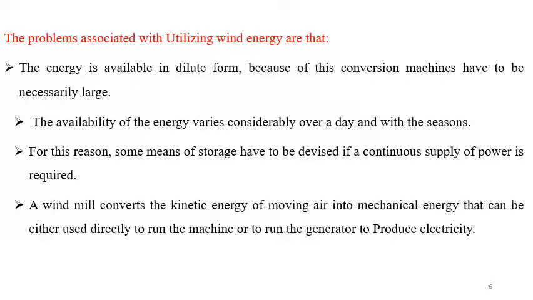The second environmental aspect is noise. The noise produced by wind farms falls into two categories. One is mechanical noise, which is from the gearbox, generating equipment and some linkages.